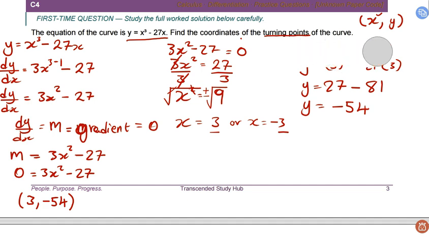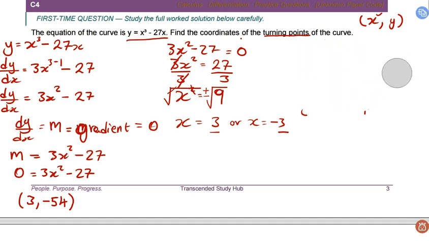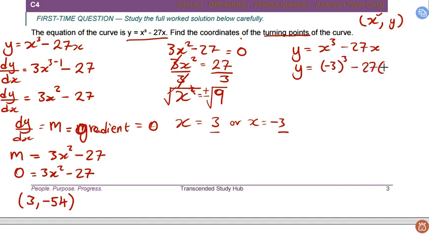What are we going to have? You use the original equation again, y equals x to the power 3 minus 27x. So y will be negative 3 to the power 3 minus 27, open the bracket, negative 3.